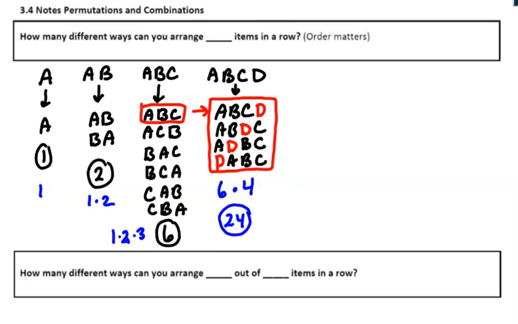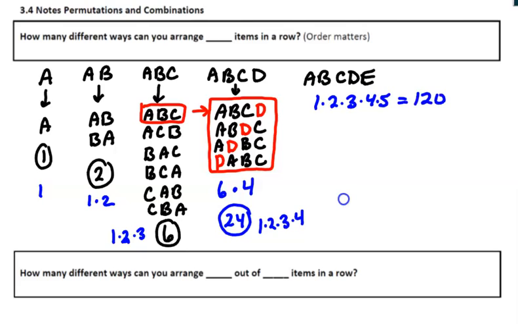And then you see that to get from 3 things to 4 things, there are 4 ways I can put in D for every one of the arrangements for 3 letters. So now this is 1 times 2 times 3 times 4, which is 24. So for 5 letters, A, B, C, D, E, there's going to be 1 times 2 times 3 times 4 times 5, 24 times 5, or 120 possible arrangements of letters.